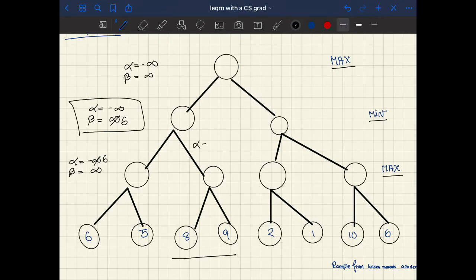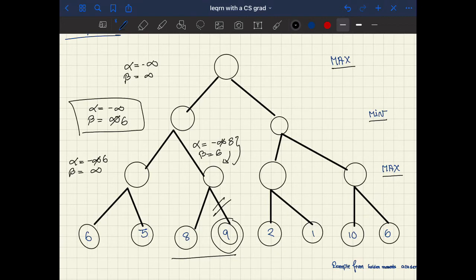Alpha would be negative infinity and beta would be 6 for this node. We have to find the max value here, so 8 is much better than minus infinity, so we put 8. Now if you look here, alpha's value is greater than beta, so we prune this branch, meaning we are not going to look into 9, and the value goes up to its parent, which has to look for the minimum value.